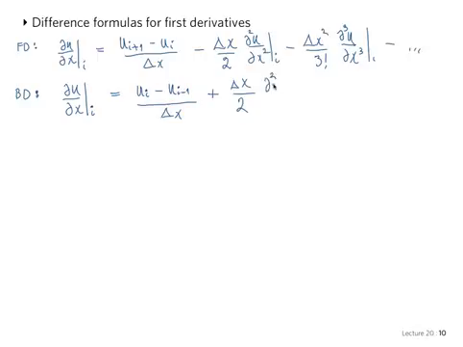I'm sorry, I'm perhaps skipping a few steps, but I hope you can see that if I have x_{i-1} minus x_i, then this is equal to minus delta x.